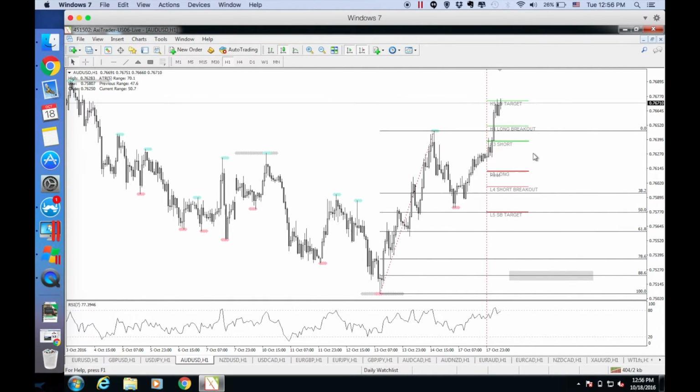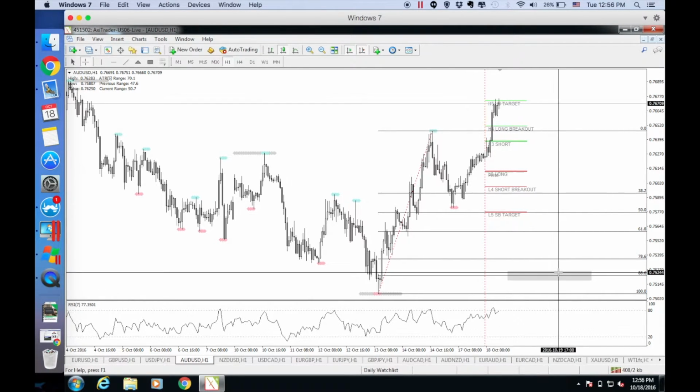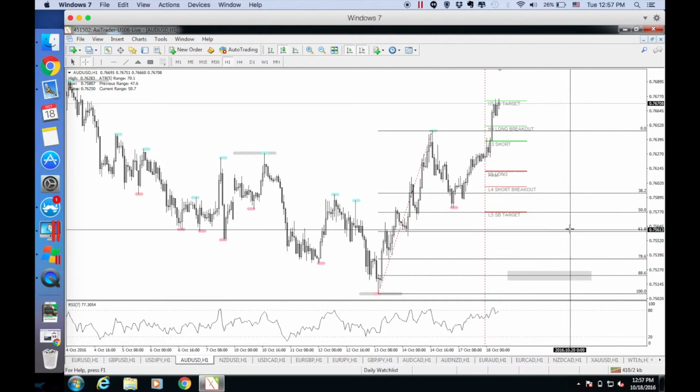It's also a very early stage setup simply because price is currently still at the top. We need price to dip all the way back down about 150 pips towards this 7520 level area for a potential buy. Still, it's very early stage, so just keep an eye on this particular setup.